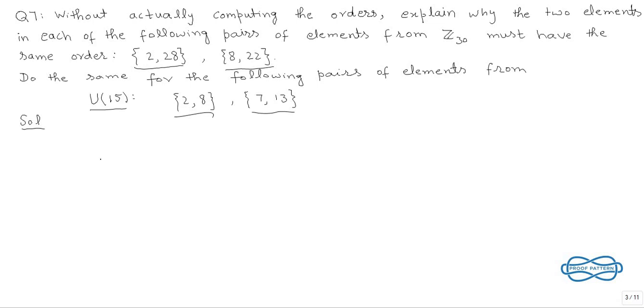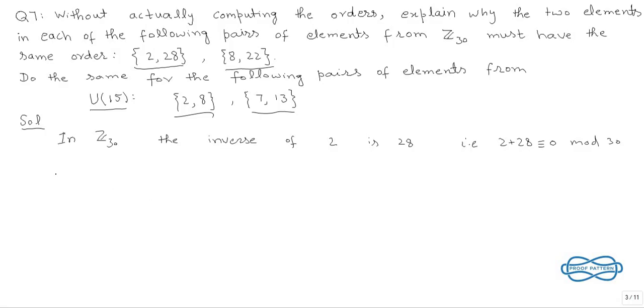So we start the solution. We know that in Z30 the additive inverse of 2 is 28, that is, 2 plus 28 is congruent to 0 mod 30, and therefore the inverse of 2 is 28 and the inverse of 28 is 2.